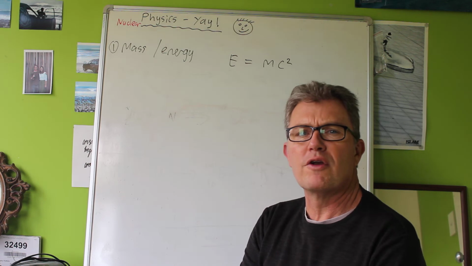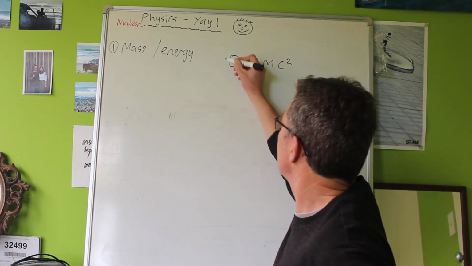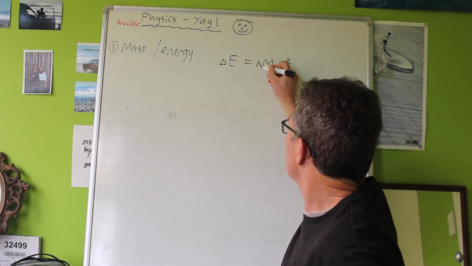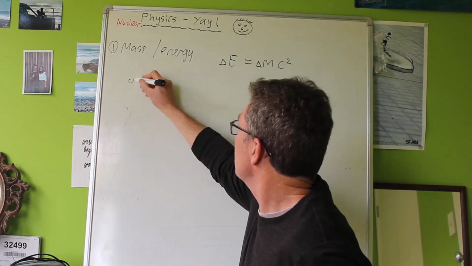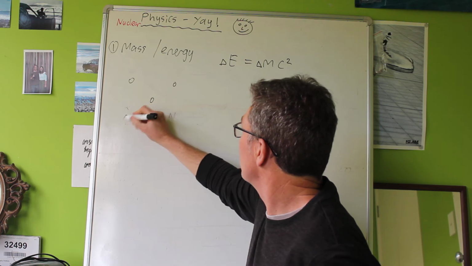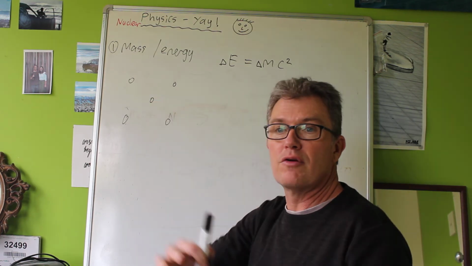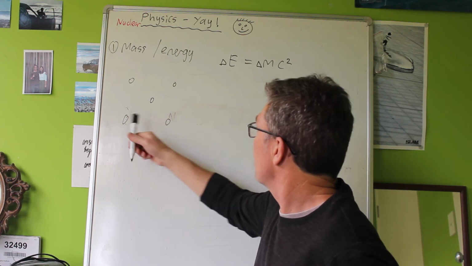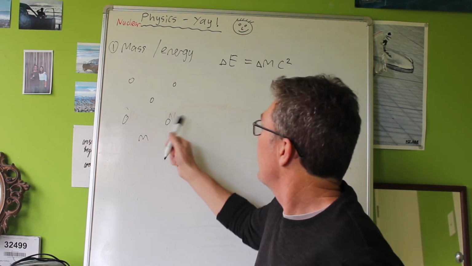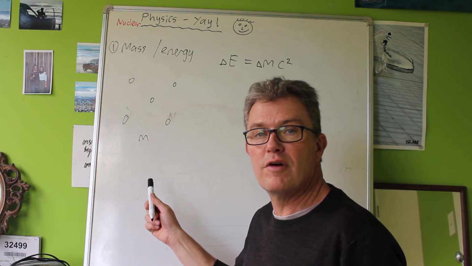Not super useful in that form. Much more useful if we put a little triangle here and a little triangle here. Now, think of it this way. If you get some protons and neutrons and you split them apart so they're a long way apart, and you find the mass of those individual nucleons, it'll give you a value m.